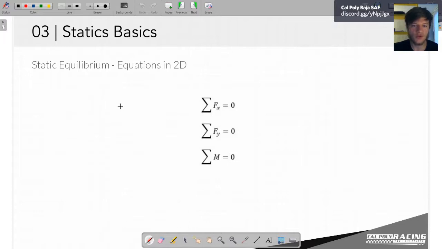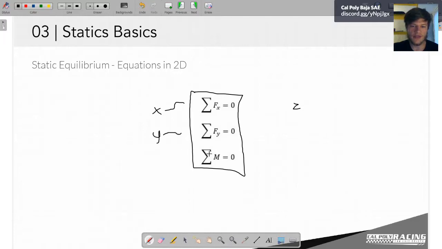All right. So here's what our equations look like in 2 dimensions. As I've teased before, in 2 dimensions, because you don't have that third, you only need to describe forces in each of the dimensions. So we've got a sum in the x, a sum in the y, and then a moment, which means you can rotate in the xy plane.